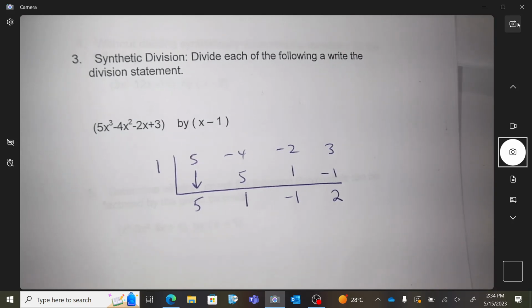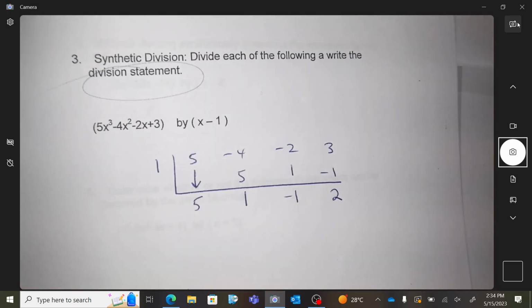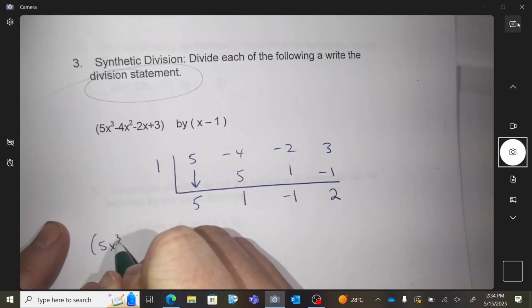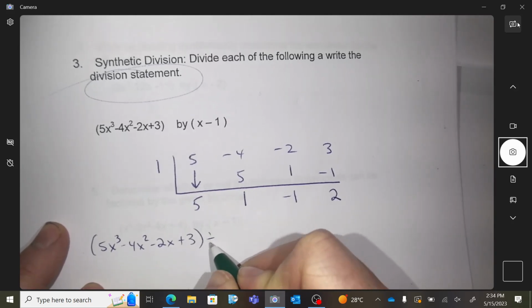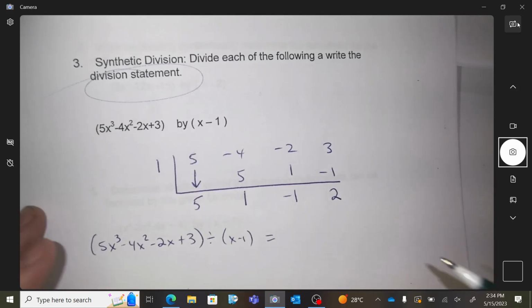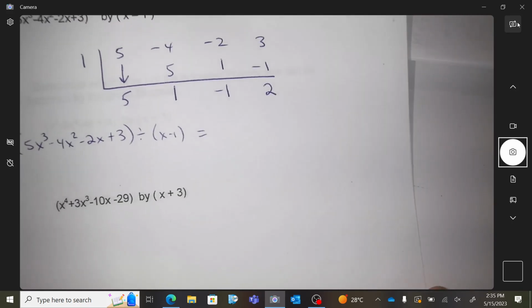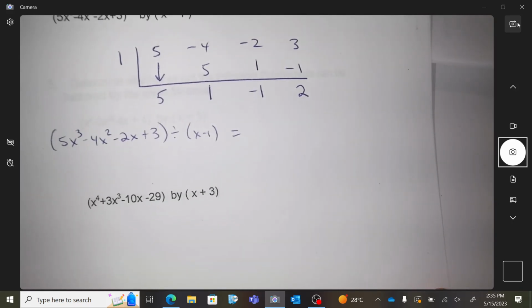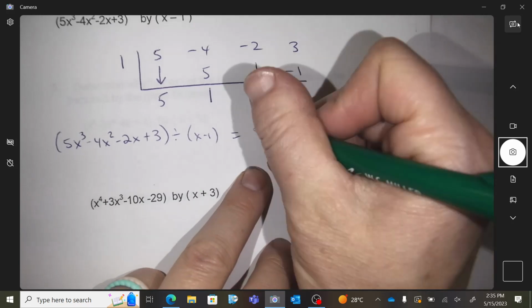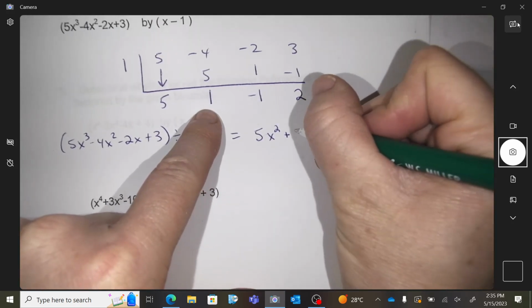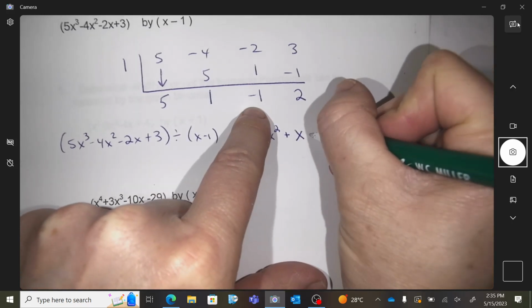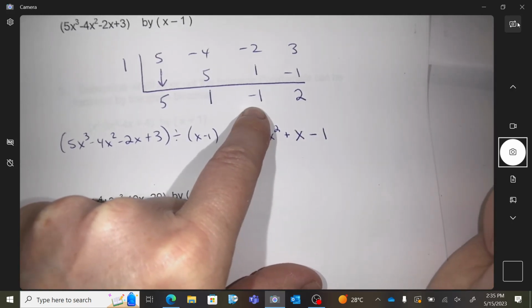Okay, and then this one says to write a division statement. So I'm going to do the whole works here. This divided by this equals, and then what did we come up with at the end? 5 what? 5x squared plus 1x minus 1, just the number.